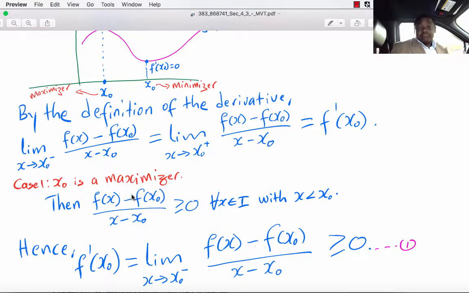This quantity is less than or equal to 0 because f of x0 is a maximum point. As a matter of fact, it is the maximum point as far as I is concerned.